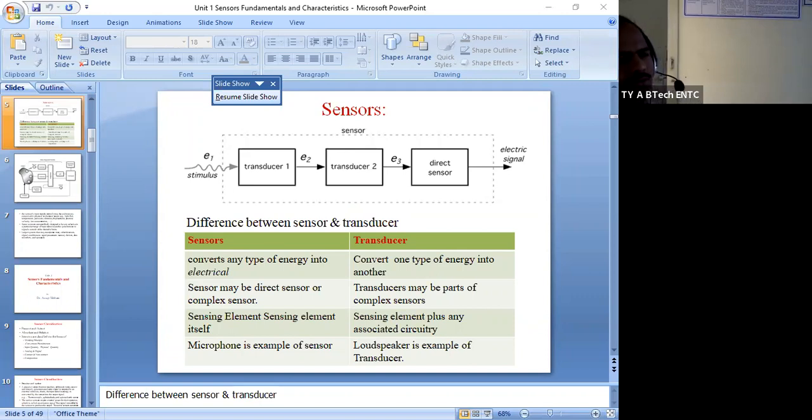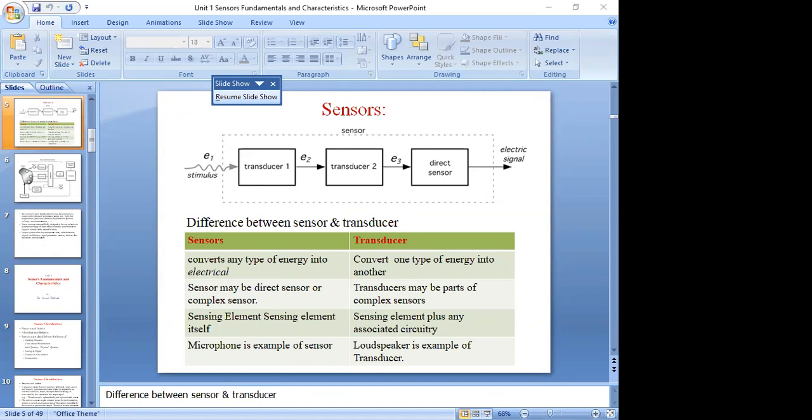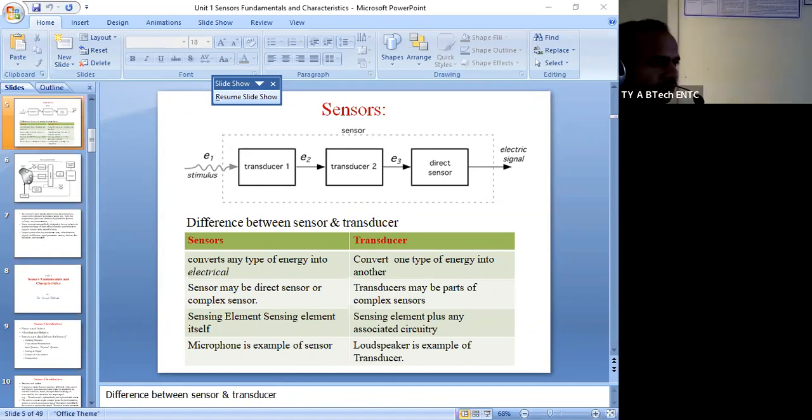If you want to extract the output, take pressure as an example. You have to measure it in some unit, Pascal or kg per cm square.